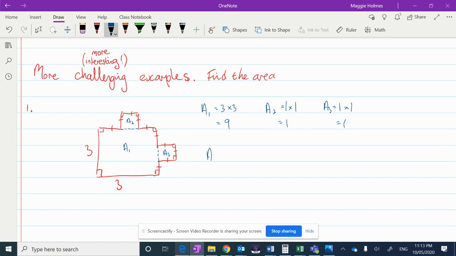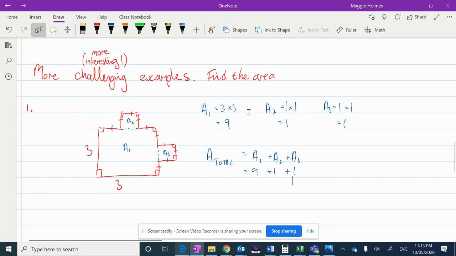Okay, and then so we have area total is 9 plus 1. Actually, for best communication, it's area 1 plus area 2 plus area 3, which is 9 plus 1 plus 1. So when you're doing these questions, the complicated ones, you're going to want to have a diagram there. You're going to want to label it.